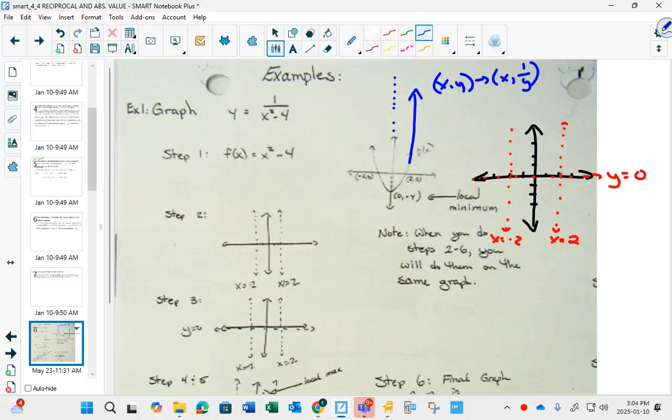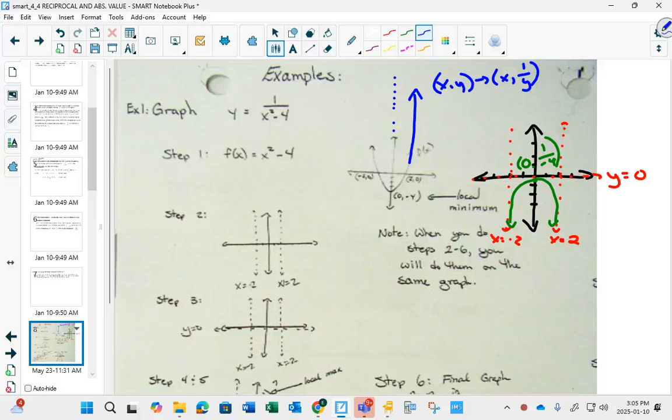Now, nice points. I have 0, -4. That's going to give me 0, 1 over -4. And having that point in that section would be enough to draw that.